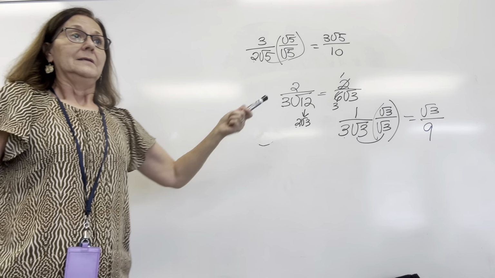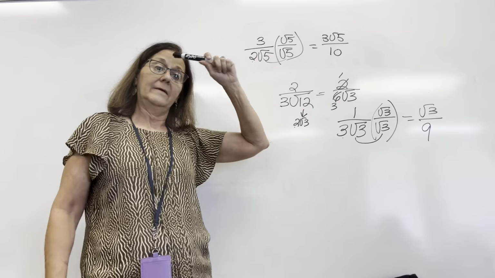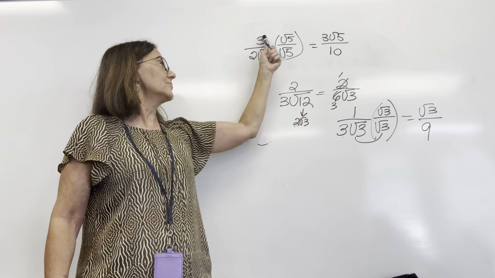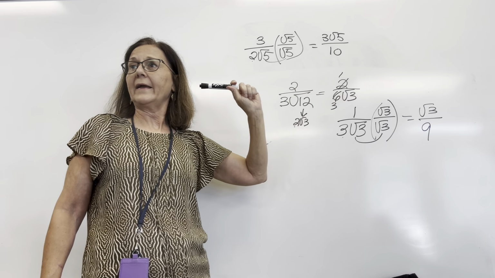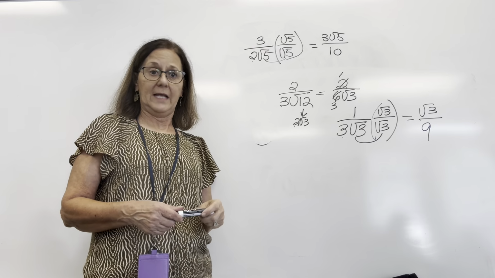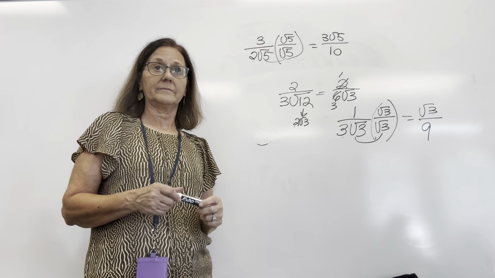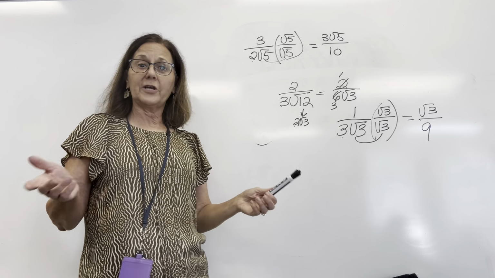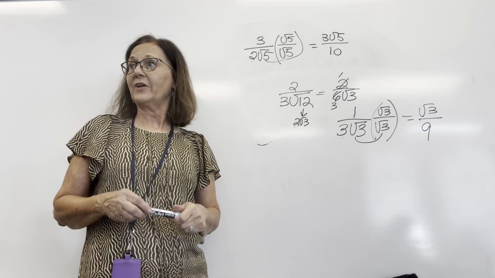Now, you won't be able to do this on a test. However, could I put 3 over 2 square root of 5 in my calculator, hit enter, and it give me 3 square root of 5 over 10? Yes, you can. So can you check your homework easily? Yes, you can.